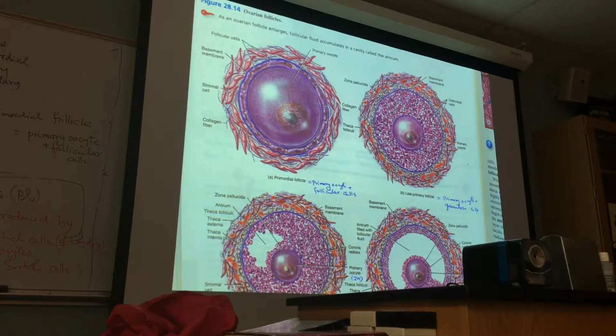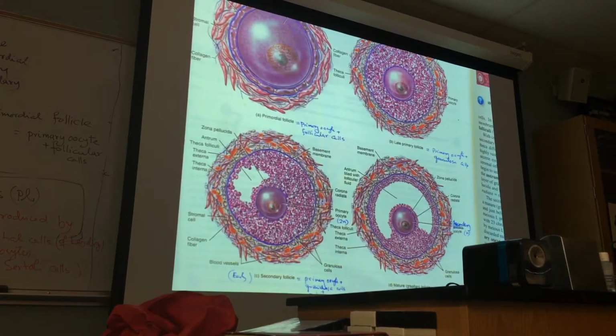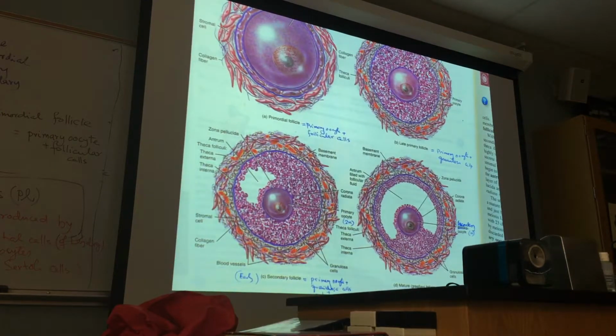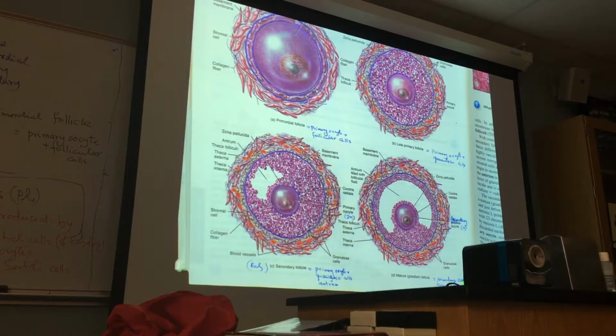And when they divide, spaces appear between cells, and those spaces coalesce to form a larger space, and that space is called antrum. There you go. Next. Antrum is filled with fluid, called follicular fluid.